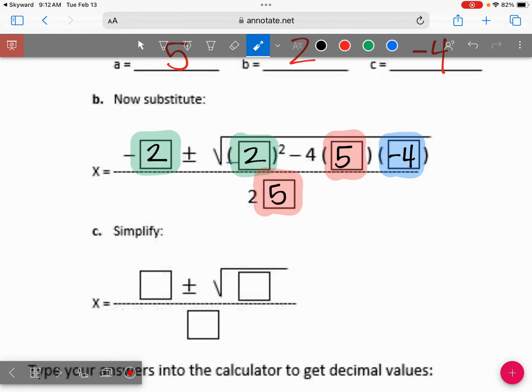Okay, so what do y'all get? 2 squared minus 4 times 5 times -4. Who got 84?